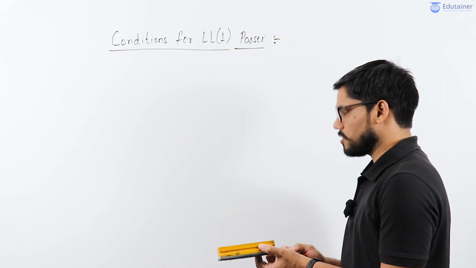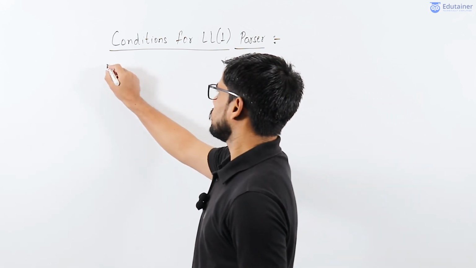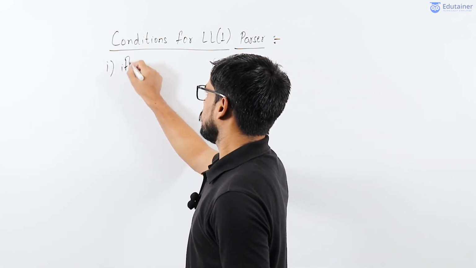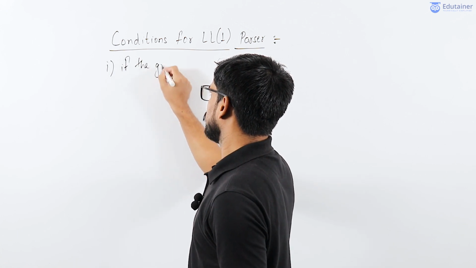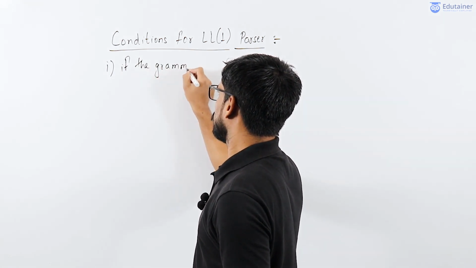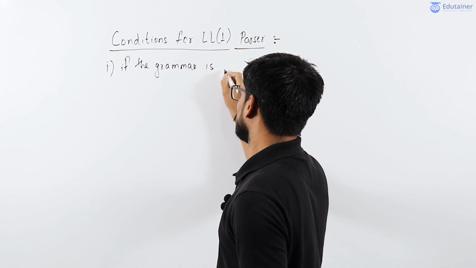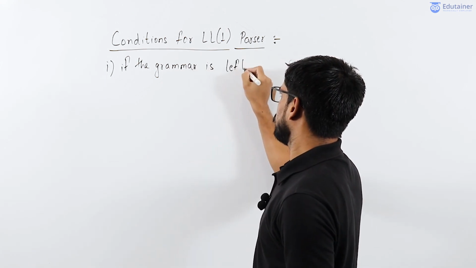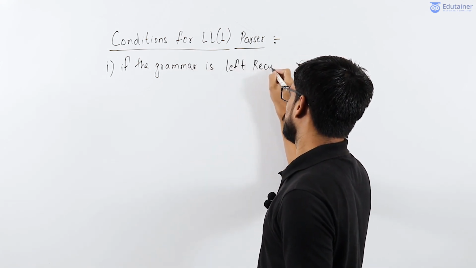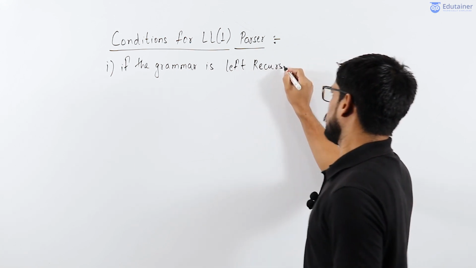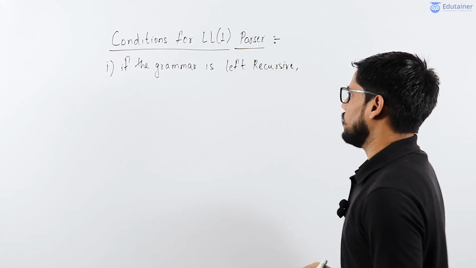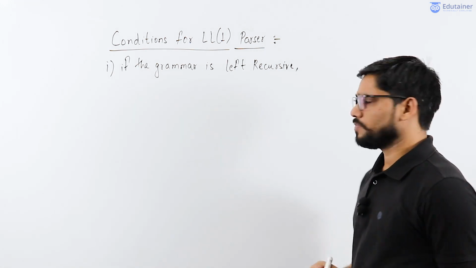So what are the conditions? The first condition is, if the grammar is left recursive, then it is not an LL1 grammar.